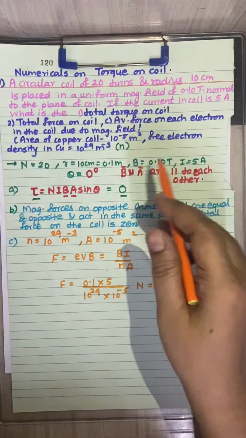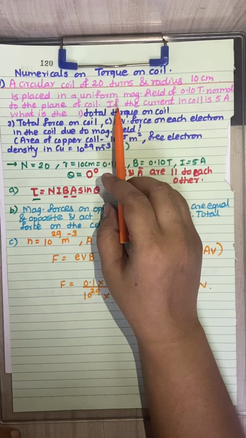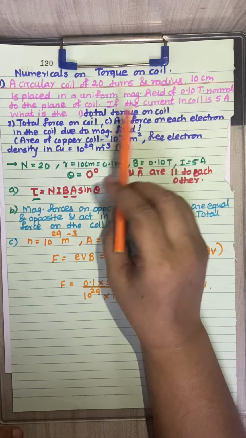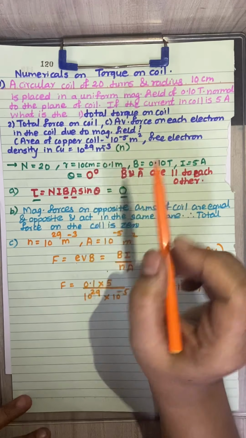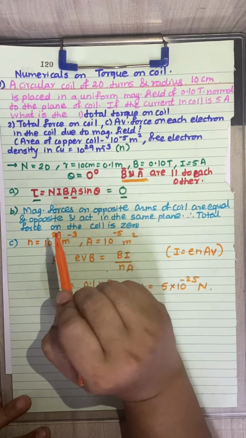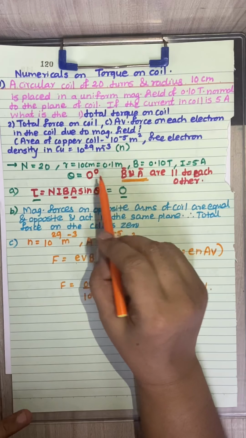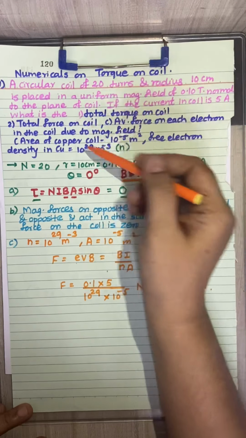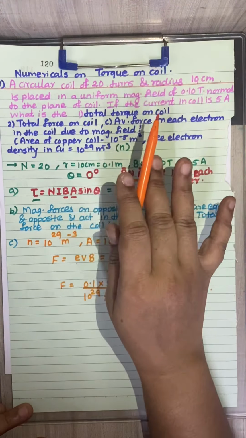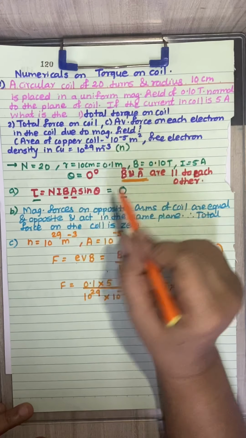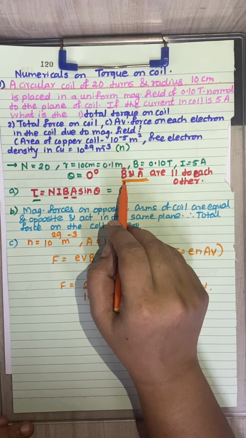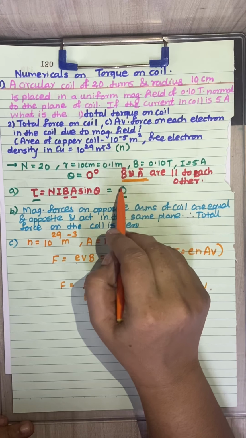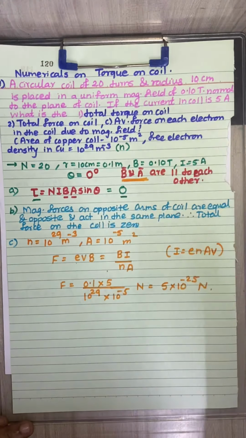So in this way we can understand that whenever the plane of the coil is perpendicular to the magnetic field, theta is equal to 0, because the area vector and the magnetic field are parallel to each other. Okay, so whatever may be the case given in the particular example, you have to understand how theta is calculated. So theta is always the angle between B and the area vector. Then you find out theta and find out the torque acting on the coil.